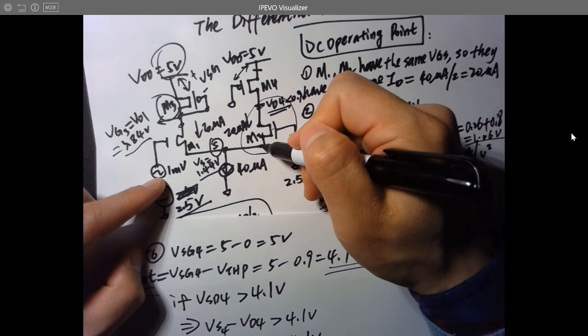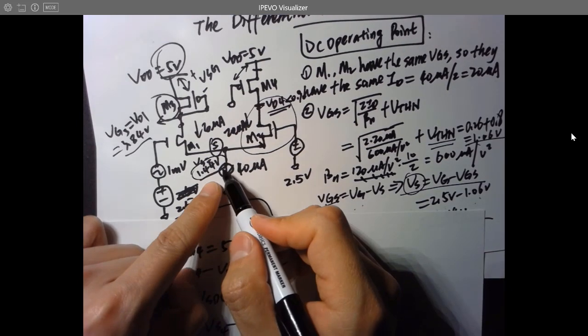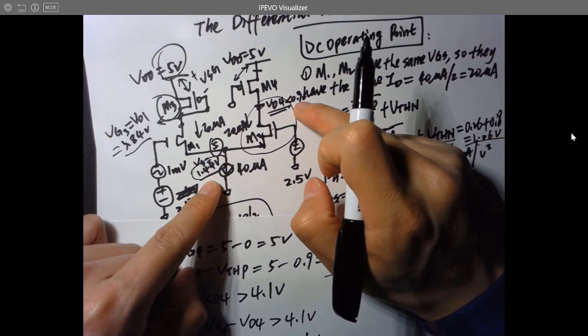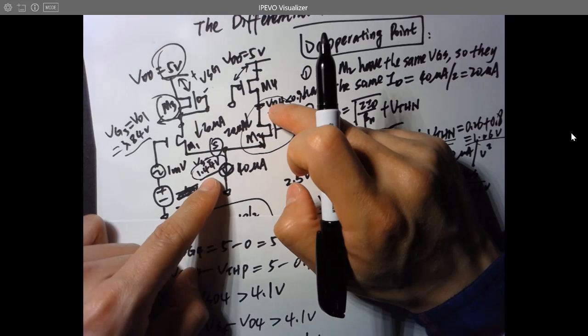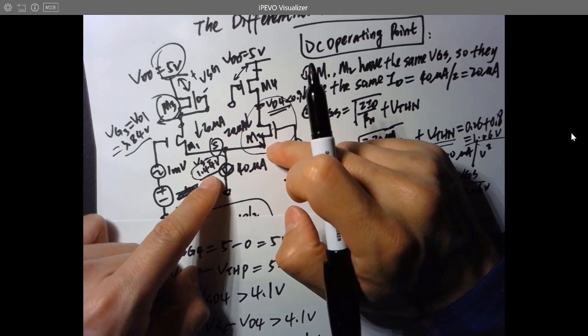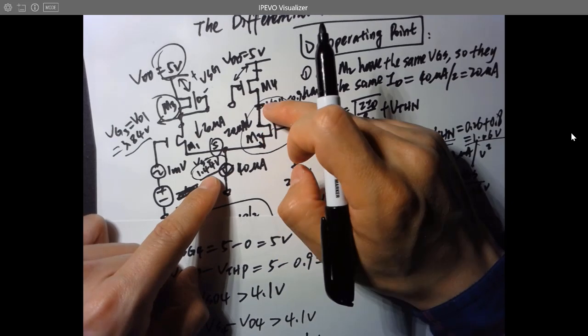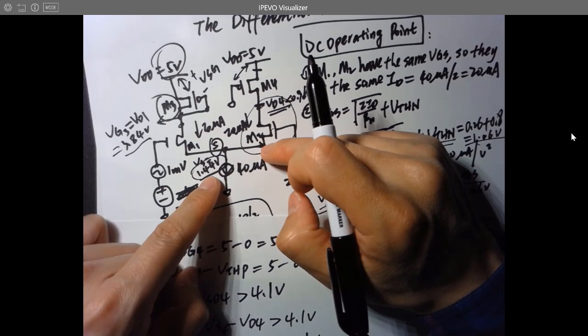Because your VS is right at 1.44 volts. Okay, how can you have a lower voltage here at your drain node to be lower than the source voltage, and you still have a current flow through the channel from the top to the bottom? It's impossible.